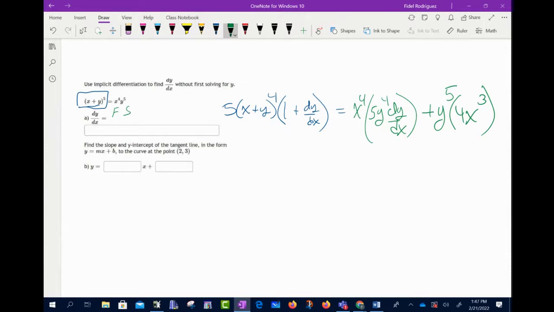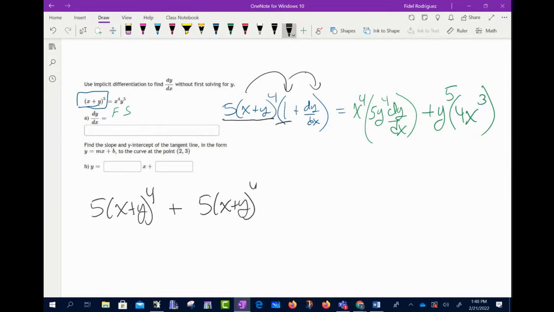All right. So now we're going to go real slow. Look, y'all. Since this part is in parentheses and it's being multiplied, we're going to go once, and then we're going to go twice. So I'm going to write 5 times x plus y to the fourth. When I multiply by 1, it's the same thing, right? And then plus 5 times x plus y to the fourth times dy dx.